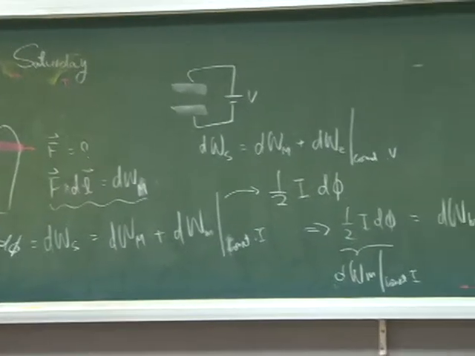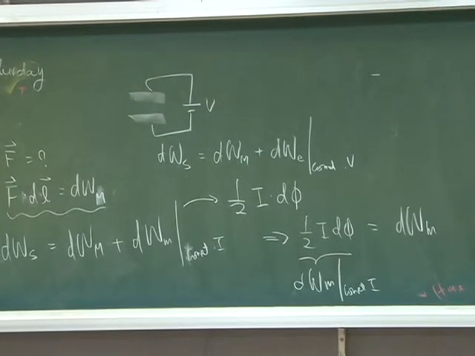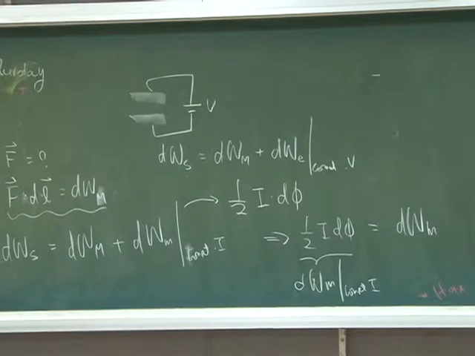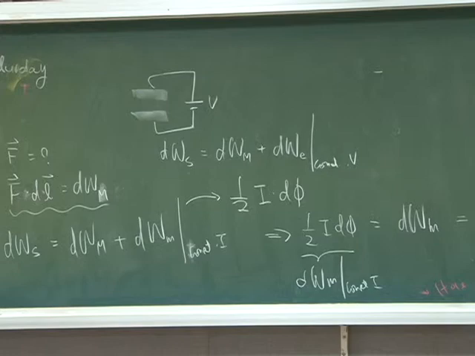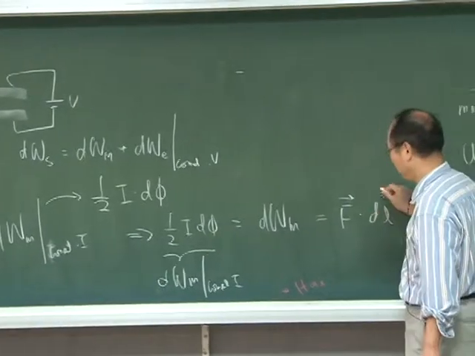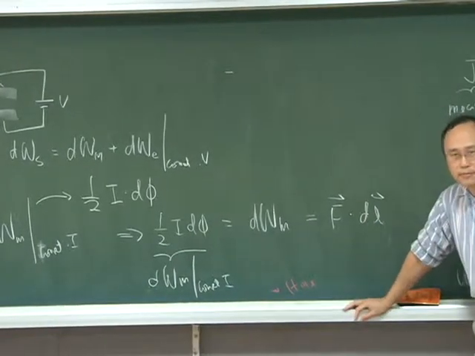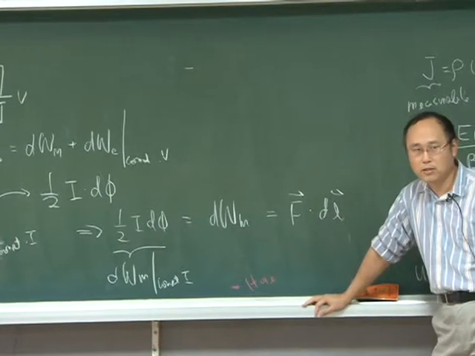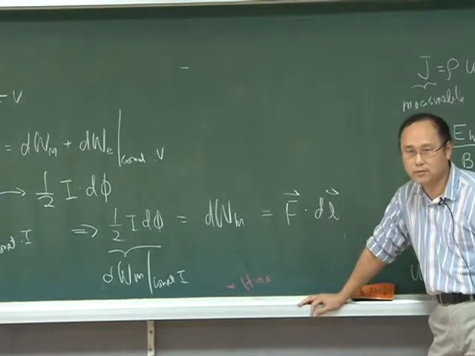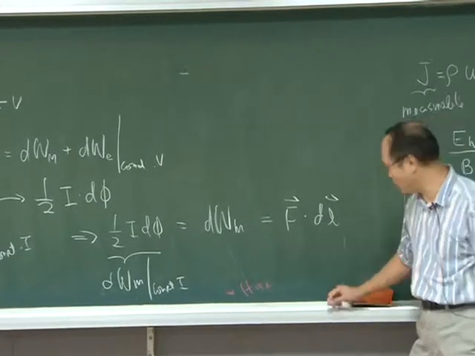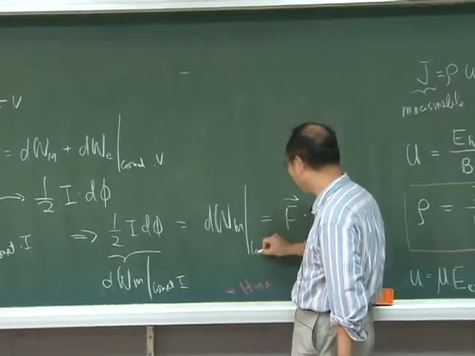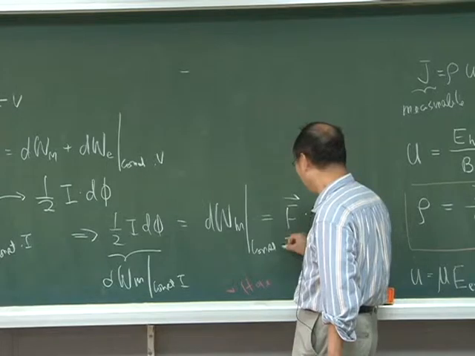dWm, the mechanical work you do to the system. And of course, this is equal to F dot dl. Okay, so based on these experiments, if you put a power source into the system, then you have this relationship. And this is a constant current experiment.